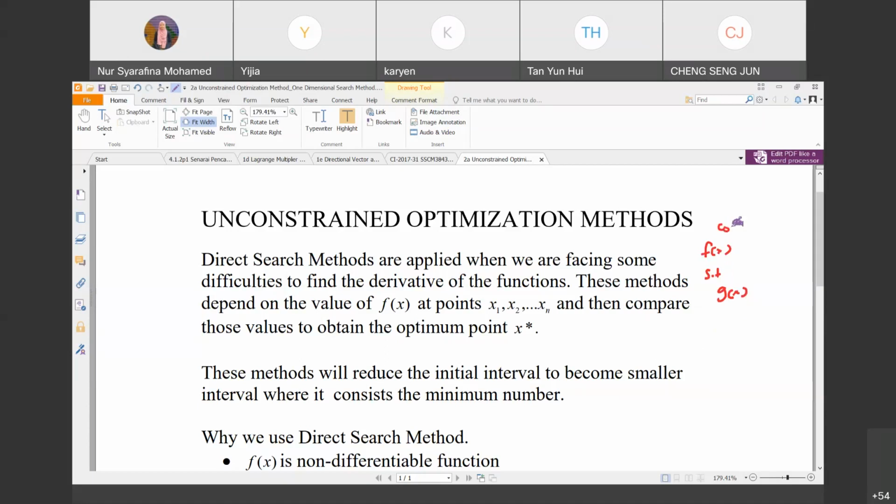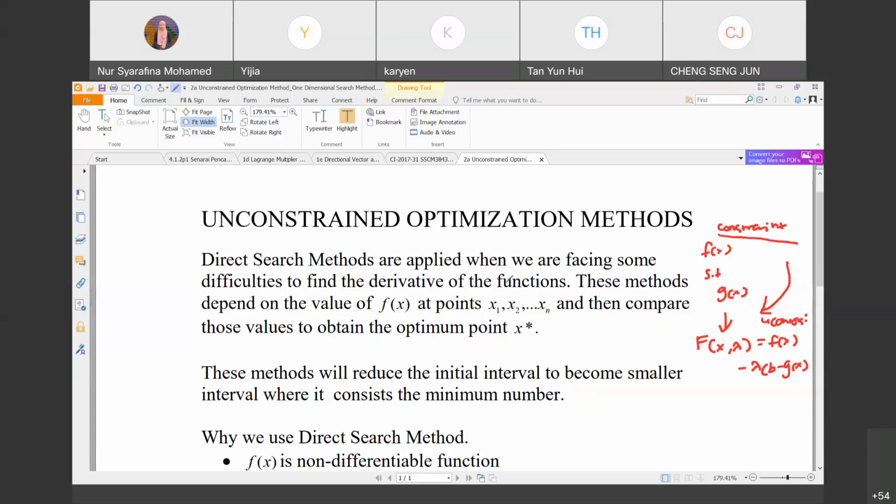This is for constraint. Then we use Lagrange multiplier to have f(x) and lambda, where we combine f(x) minus lambda times (b minus g(x)). So we convert constraint to unconstrained. Now it is unconstrained itself.